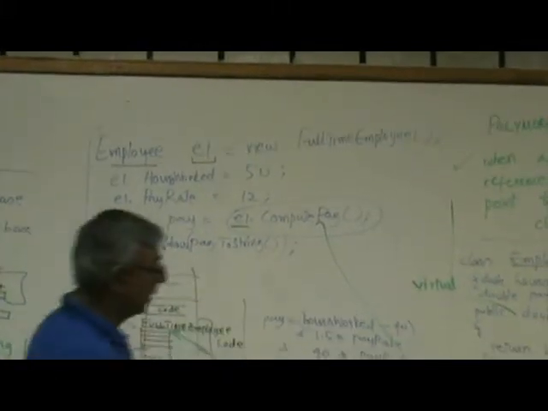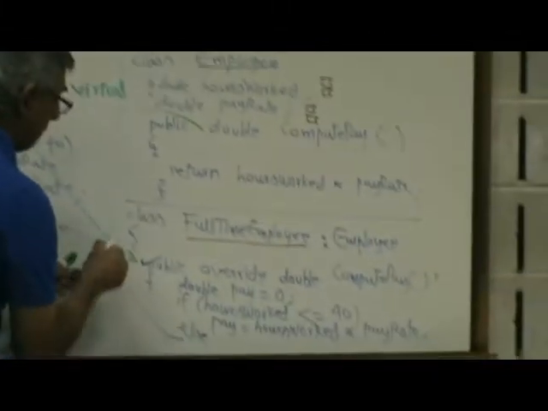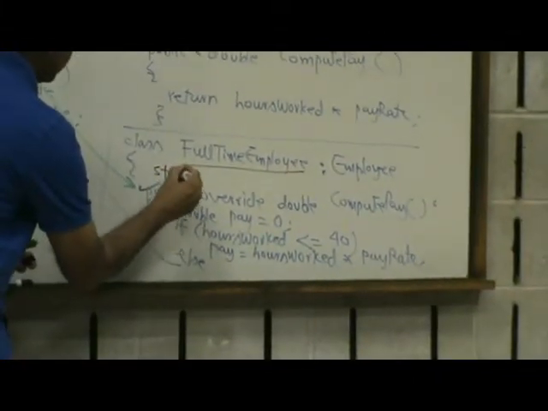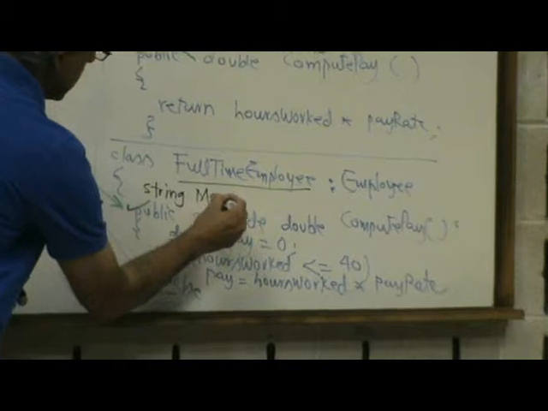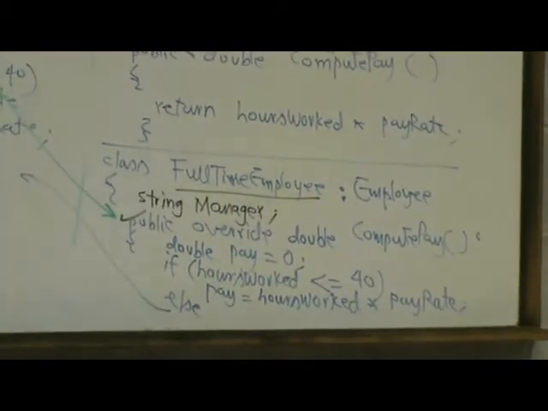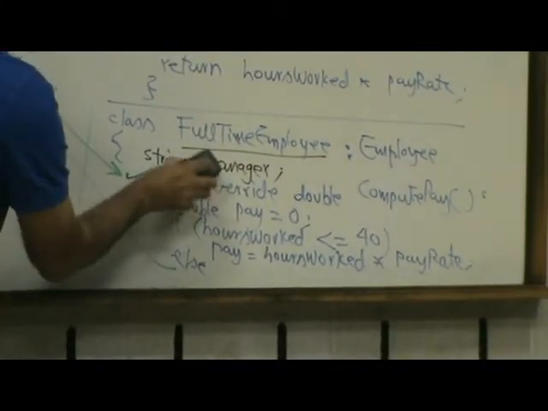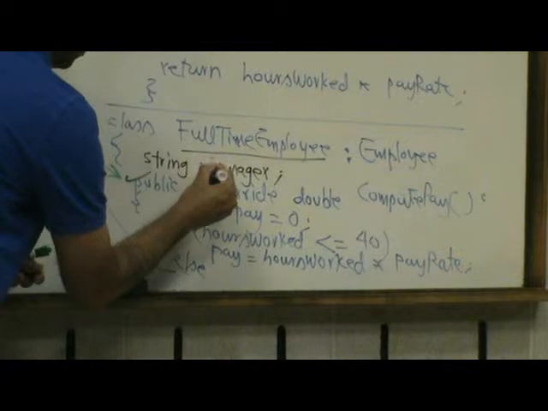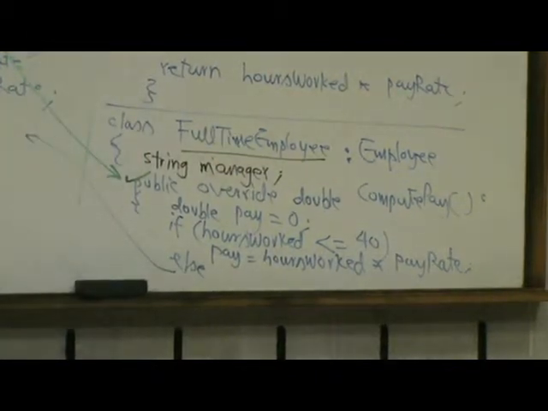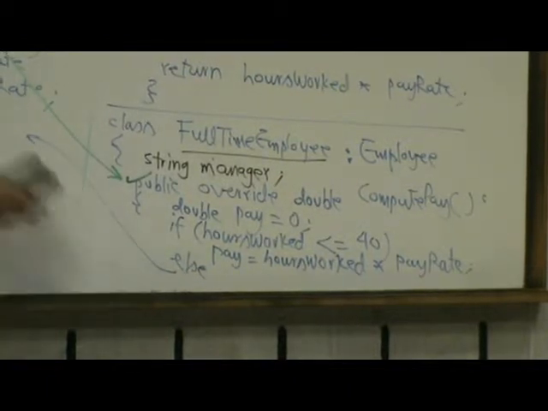For example, let's suppose in the FullTimeEmployee we have one extra field over here, string manager. So everybody has a manager. So let me make it m with a lowercase. Every full-time employee reports to a manager, right? And again, pretend there's a get and set for it. Okay, so now let's come over here.